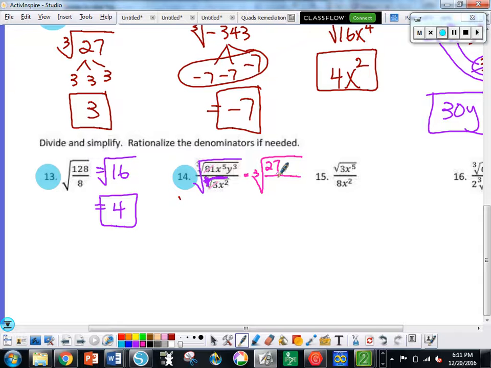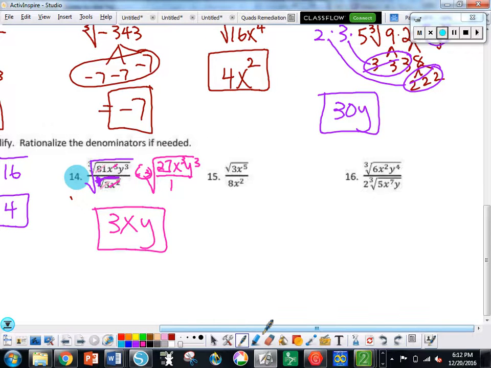And then this x squared and this fifth will cancel. X cubed, you just need to know to subtract those, and then y cubed. Conveniently, there's nothing left in the denominator, so I don't have to rationalize anything. We just have to start breaking up groups. The cube root of 27 is 3. I've got one group of x, one group of y. Because it's a cube root, I do not need absolute values, so we're going to call that good.